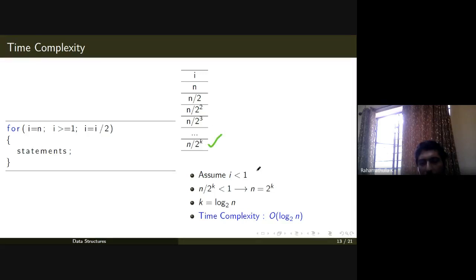Now let's equate something like this. n by 2 raised to k equals 1, which means n equals 2 raised to k. Once again, the time complexity of this algorithm is order of log n.